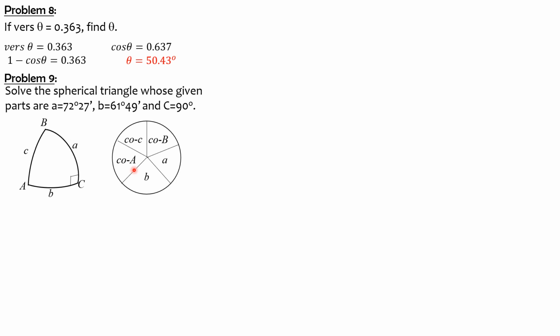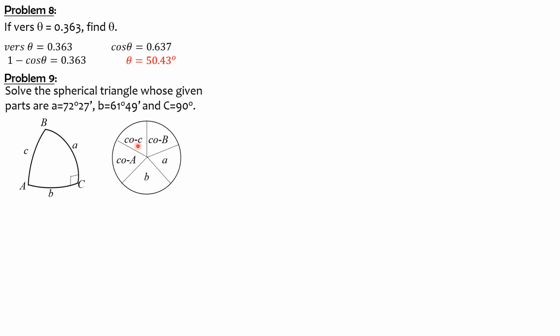Then we take note that the given information is always involved. This is my suggestion: when you solve problems on spherical triangles, always involve the givens. So A and B are given. I want to involve these two always to make sure that the answers will be independent, not interrelated.